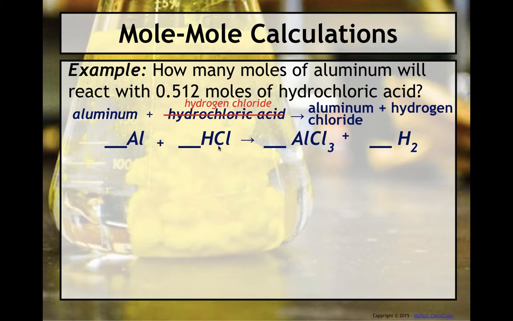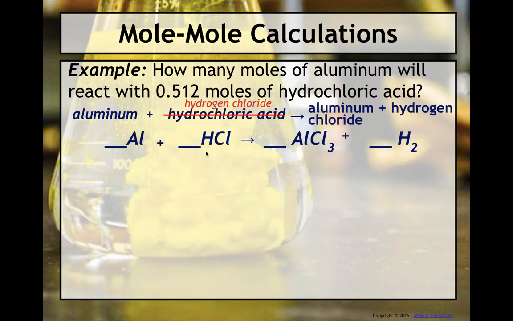So, the best thing to do is always leave your hydrogens and your oxygens to the end. Try and balance everything else out first, and leave those to the end, because they can sort themselves out. So what I do here is I would put a 3 in front here to balance the chlorines out. Now, what's that going to mean?